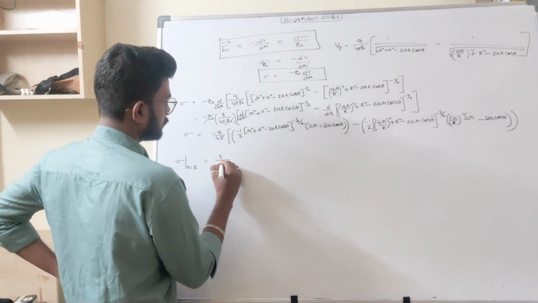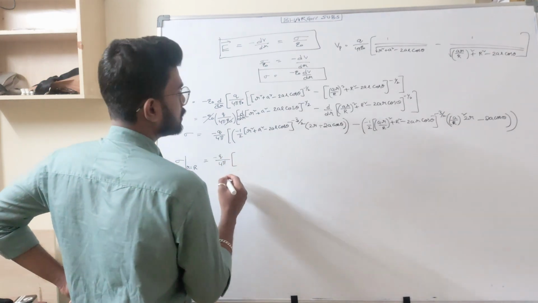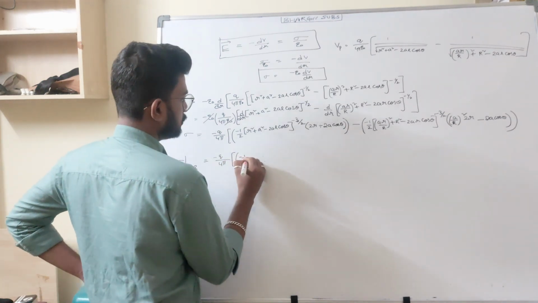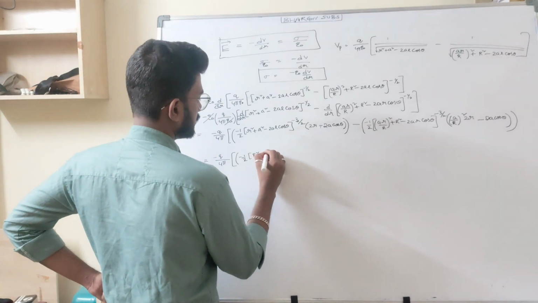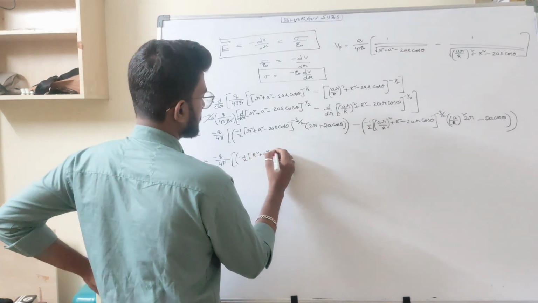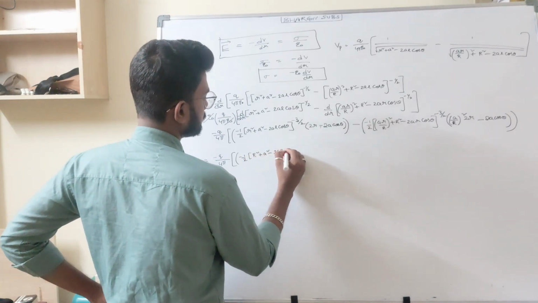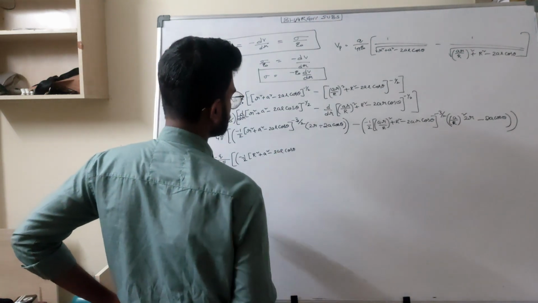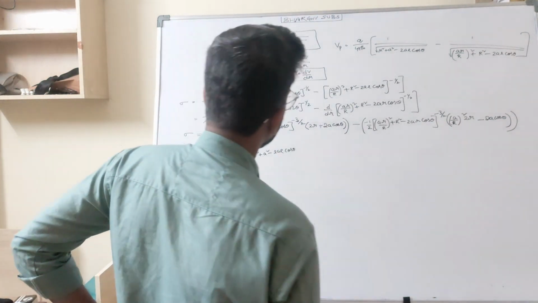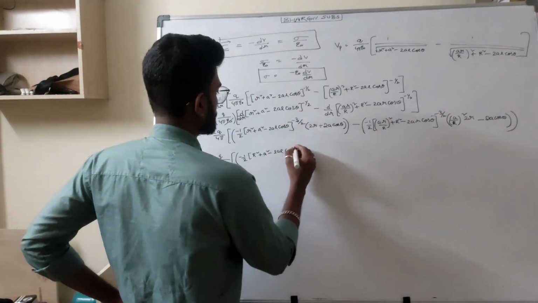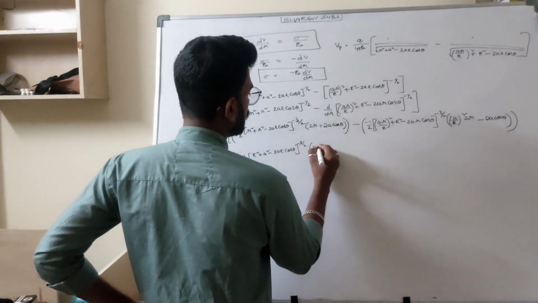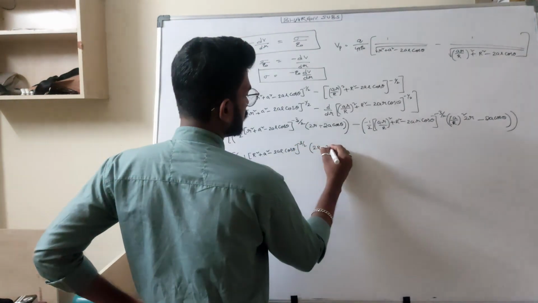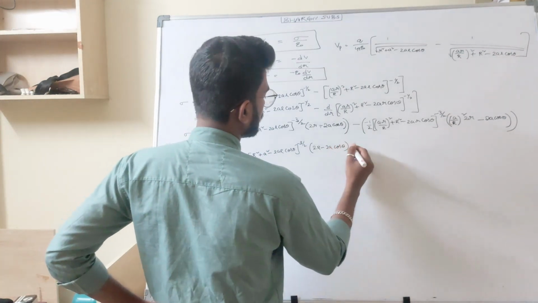Minus q by 4 pi into minus 1 by 2 r square plus a square minus 2ar cos theta, correct, whole to the power minus 3 by 2 and 2r minus 2a cos theta.